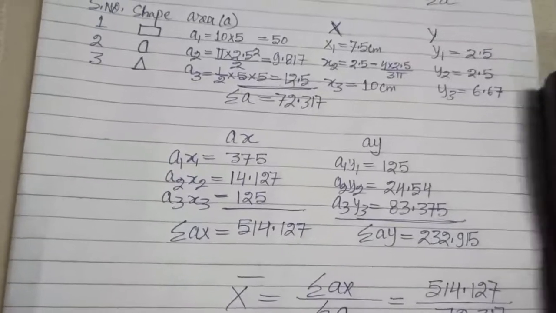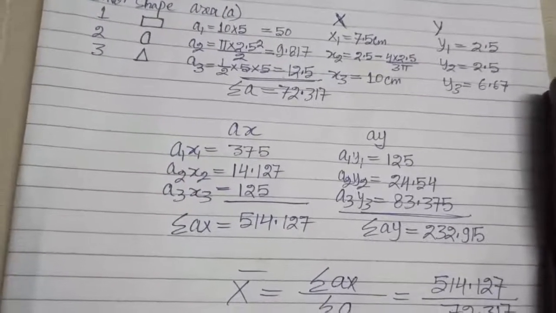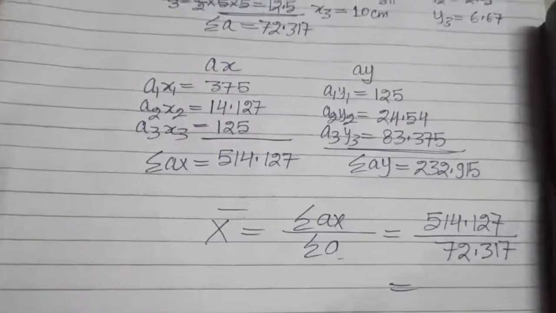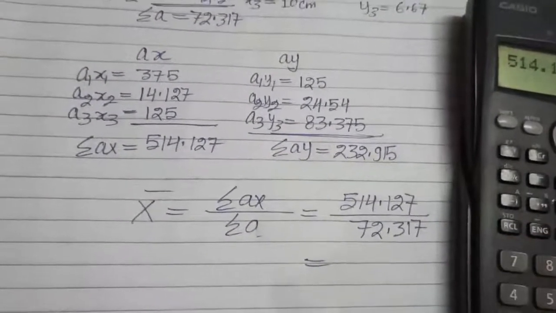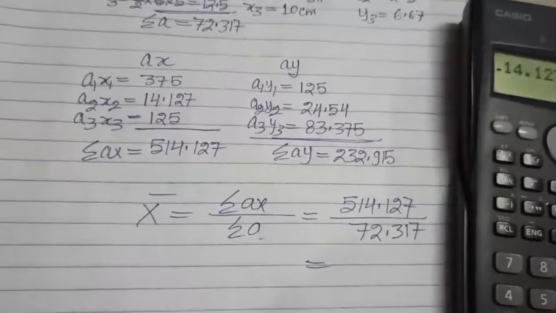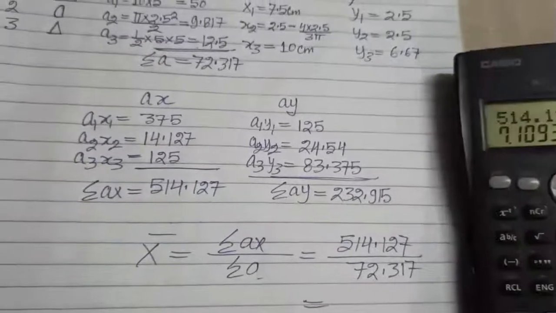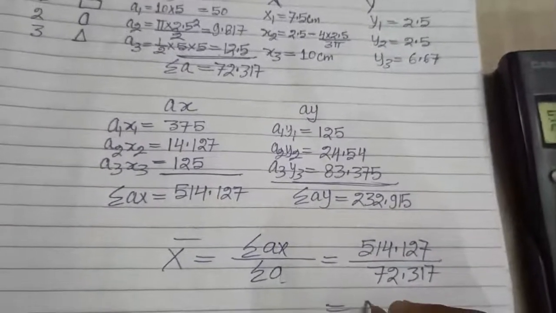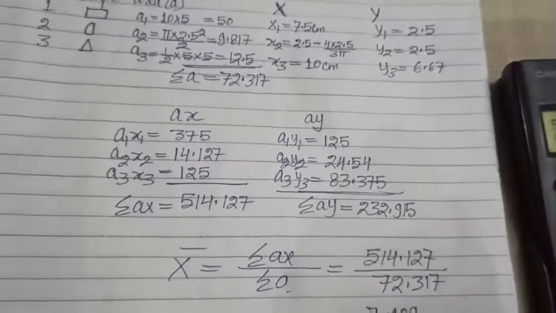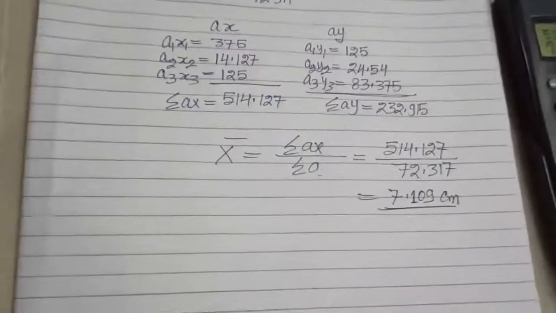So this will give you 514.127 divided by 72.317. This will be equal to 7.109. So this is X bar.